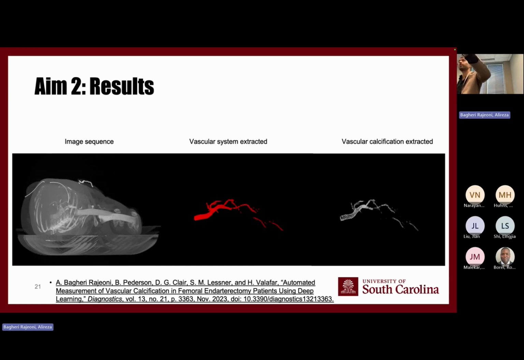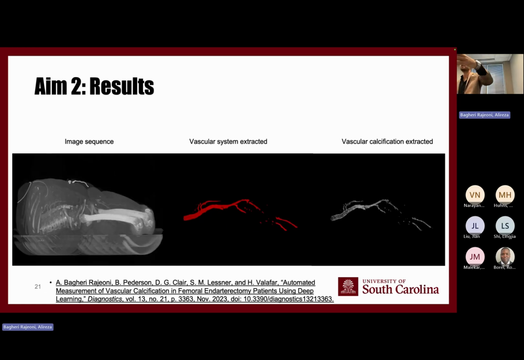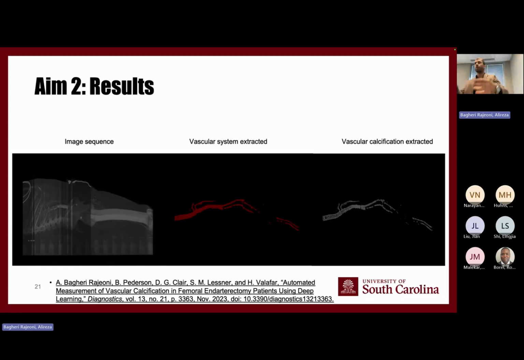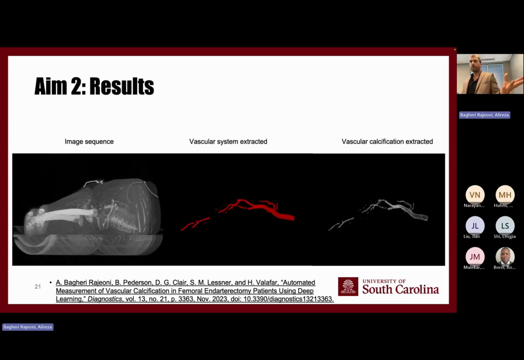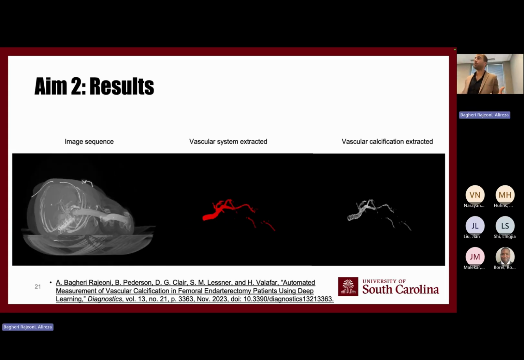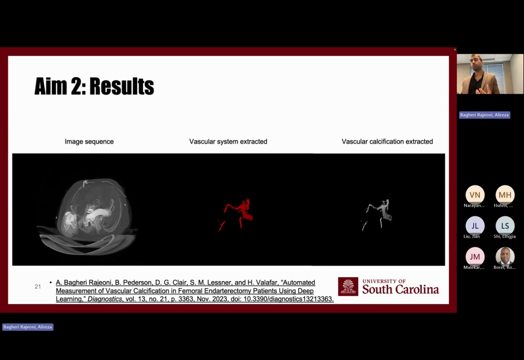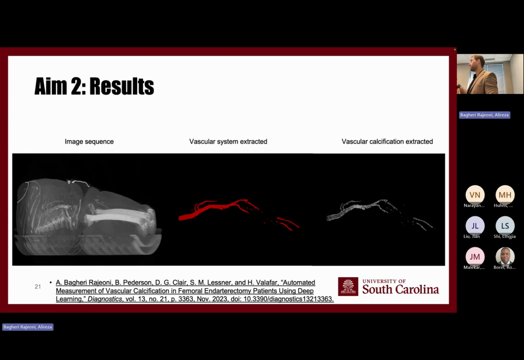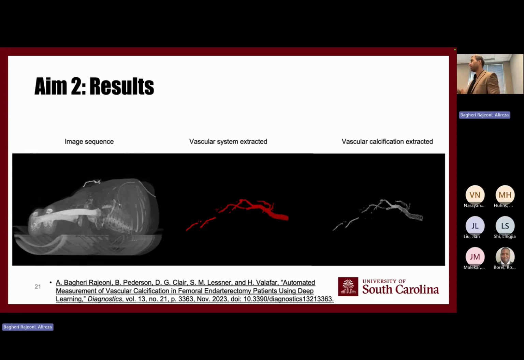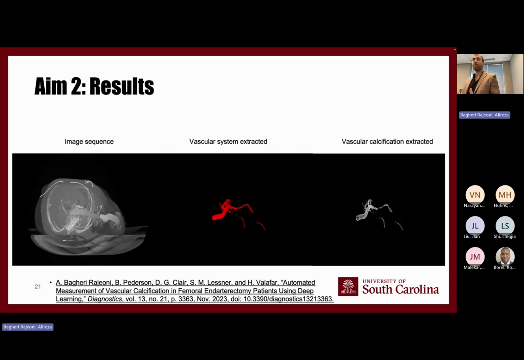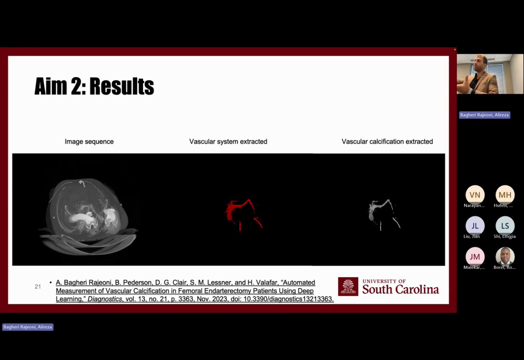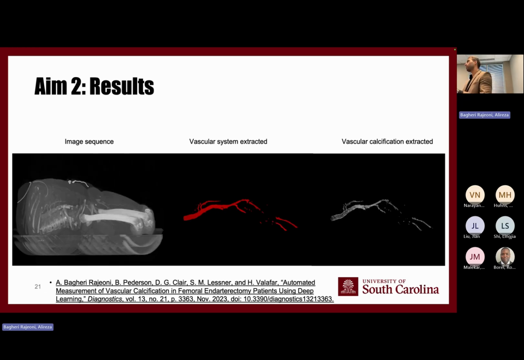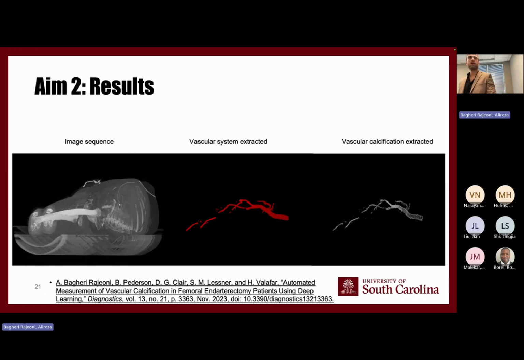And after that, we apply calcification scoring methods to have a number. And of course, there are more systematic ways we could do this. We could also use the intensity distribution of the pixels to find which ones represent calcification and which ones are just the normal vascular system.